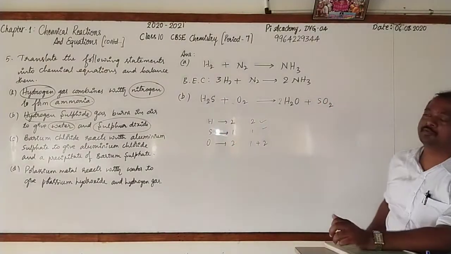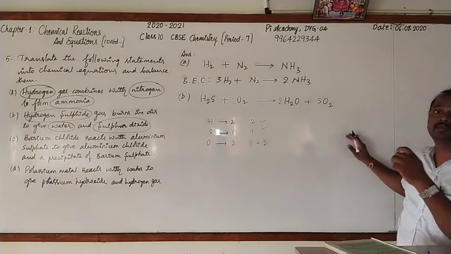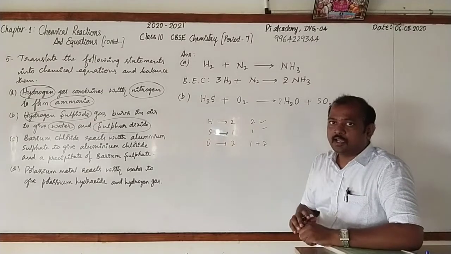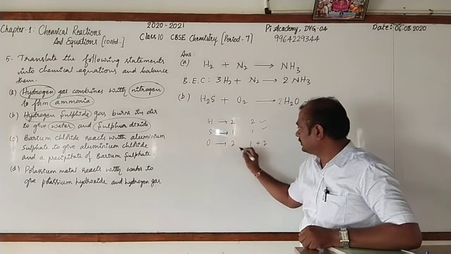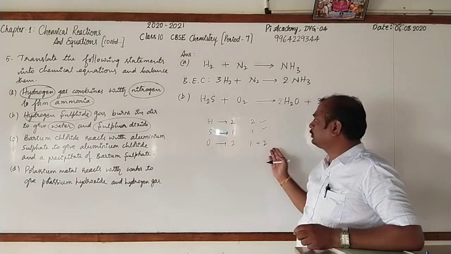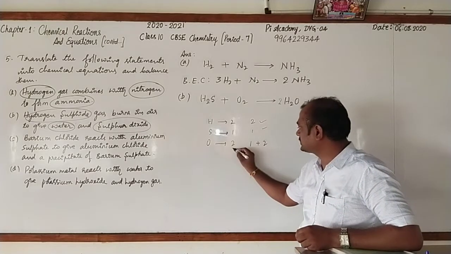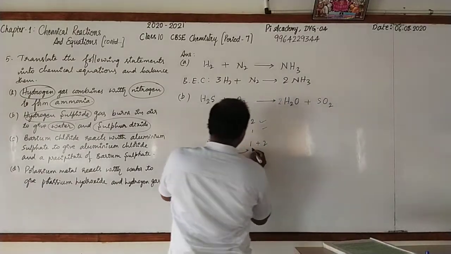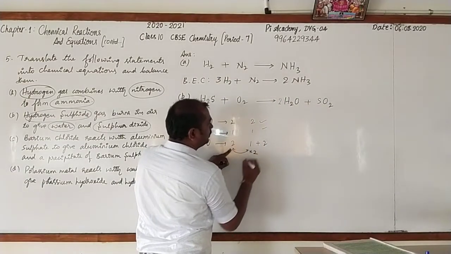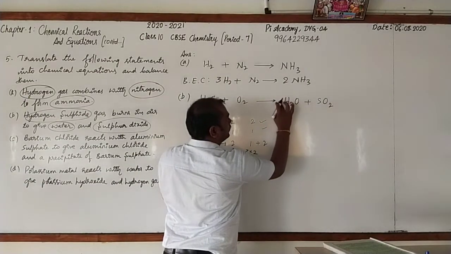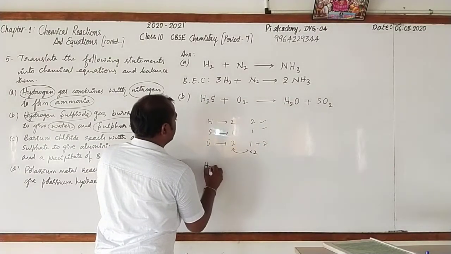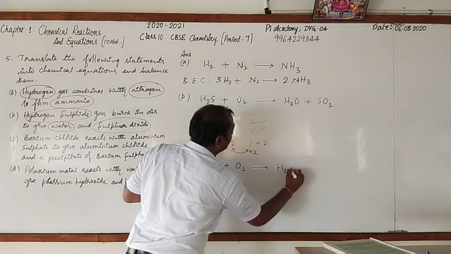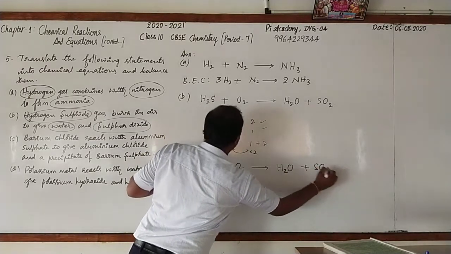Then 2 atoms of sulfur won't come. Then how to go for that? Let me explain. I'll write the balanced equation. See that here oxygen is distributed to 2 compounds. Hence I am going to equalize these. Hence it should be multiplied by 2. Here I'll write 2. Once I write H2S plus O2 gives rise to H2O plus SO2.